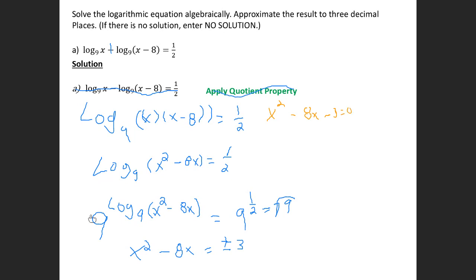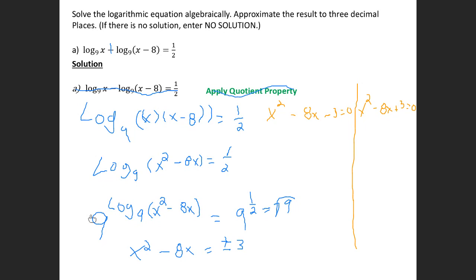The other one would be x squared minus 8x plus 3 equals 0. Here we want to see if we can factor it. I cannot factor this, so I would use my quadratic equation.